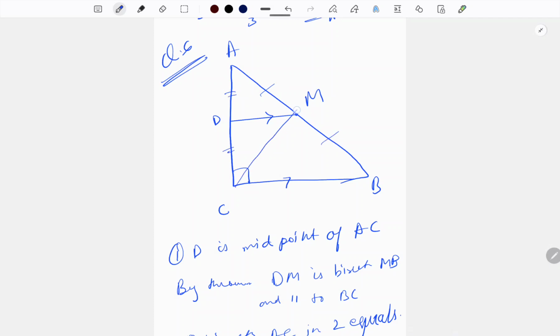Now yes, now it is saying CM is equal to MA.